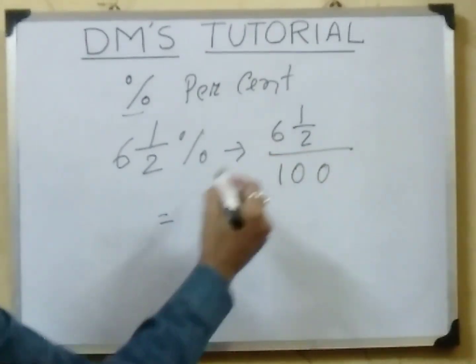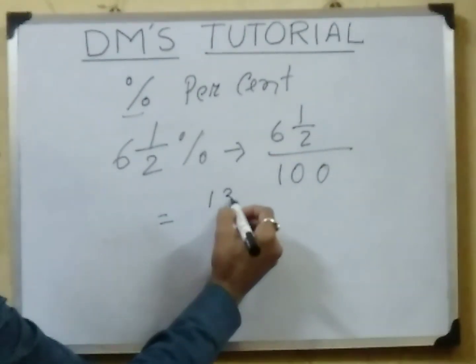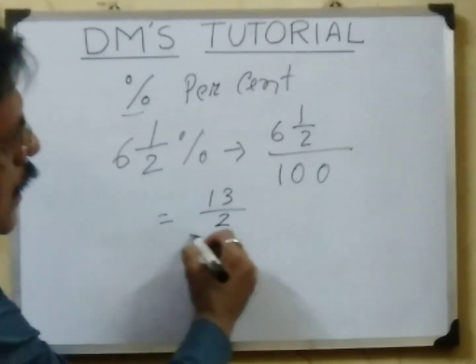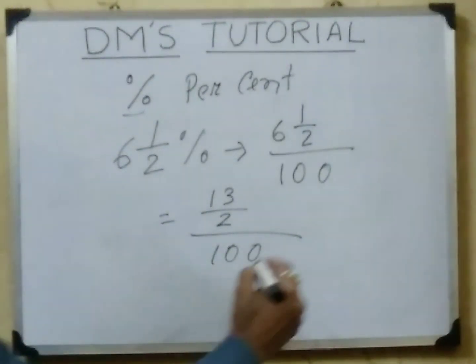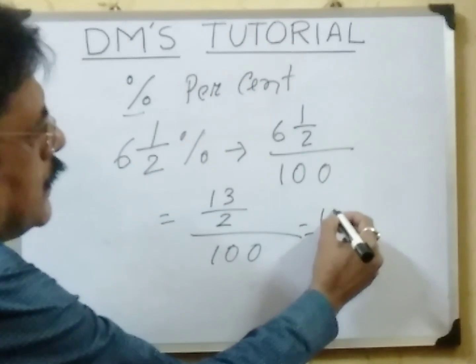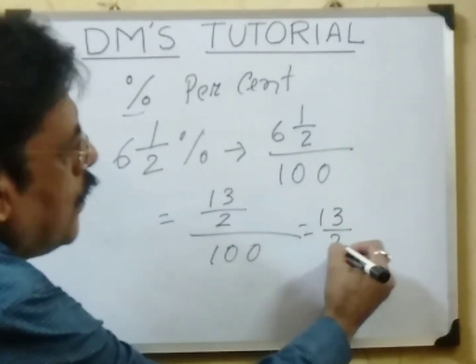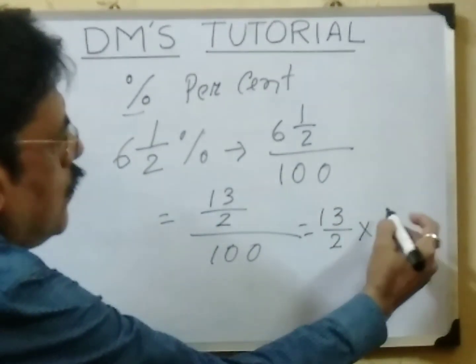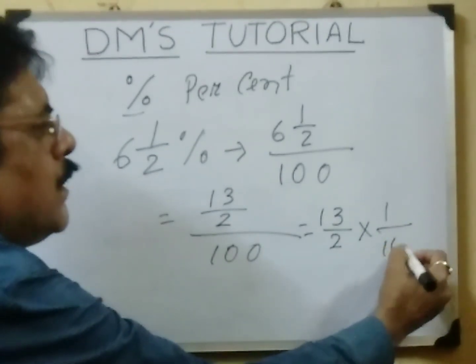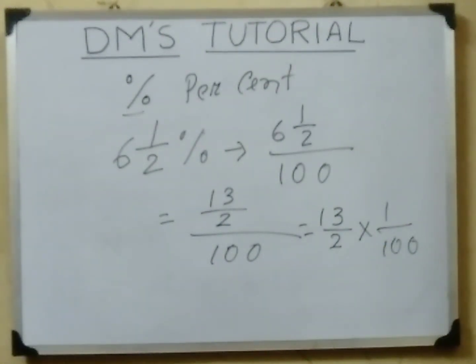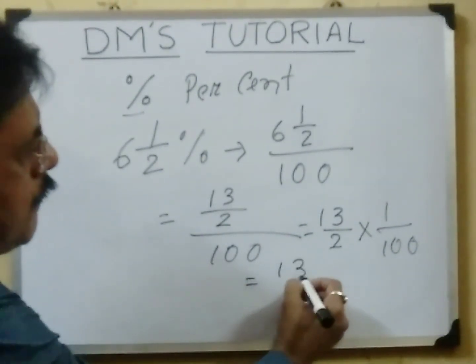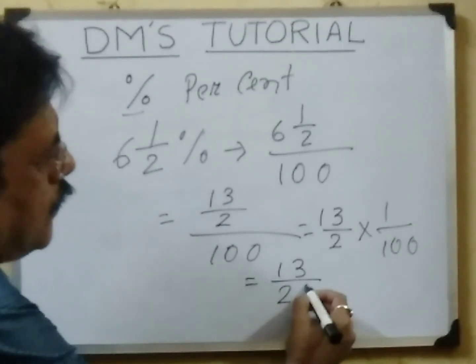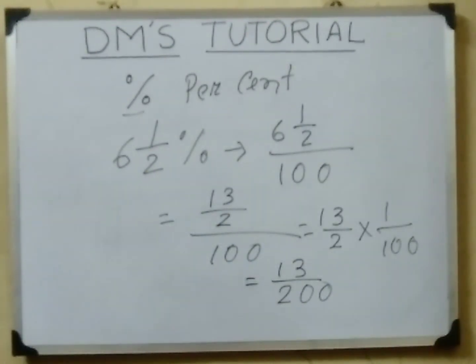So 13 by 2 out of 100. That means 13 by 2 into 1 by 100. This becomes 13 by 200.